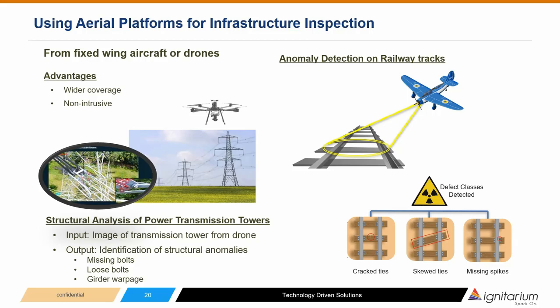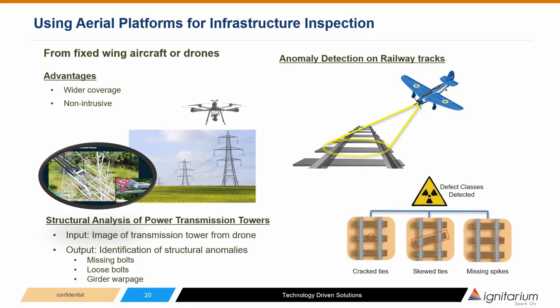Defects in this specific use case include structural anomalies like missing bolts, loose bolts, and girder warpage. In addition to anomaly detection, predictive maintenance correlated to other data points like storms and weather systems can enable more intelligent management of these types of infrastructure.